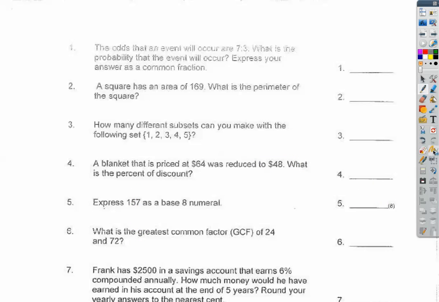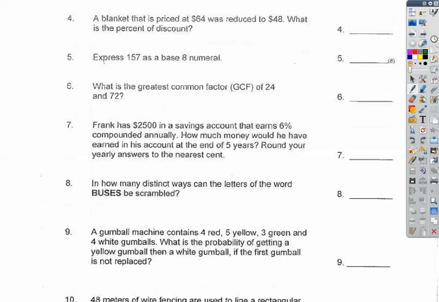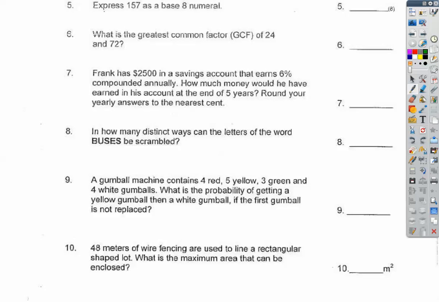All right. Oh, sorry, number 6. What is the greatest common factor? So we have 24 and we have 72. Well, what goes into both of these numbers? Well, I know 8 does. So 8 goes into this 3 times, 8 goes into this, well, how many times? 9, right?